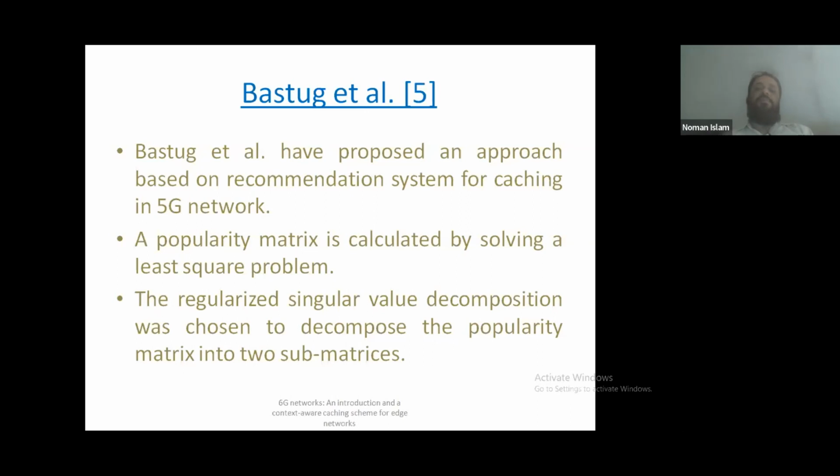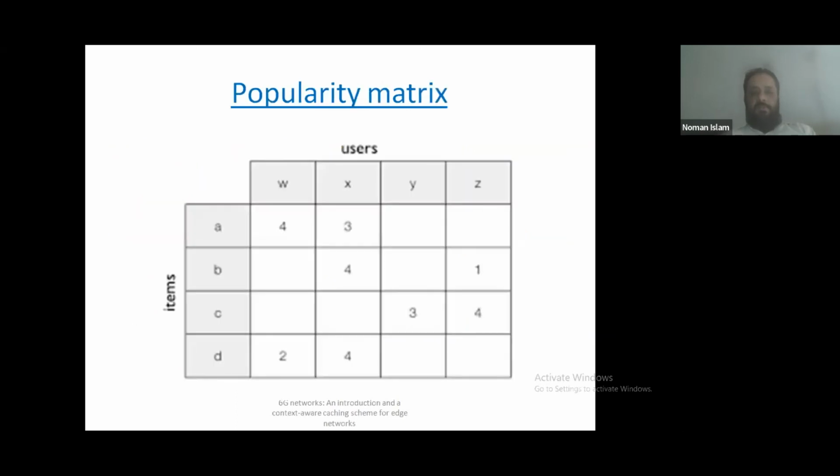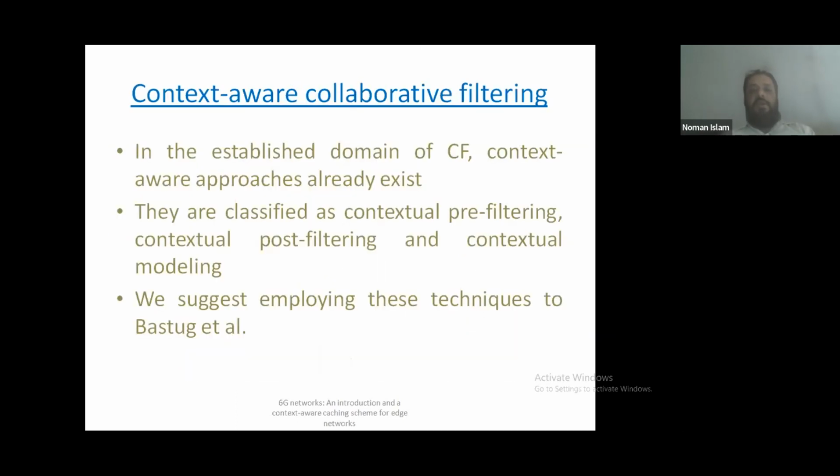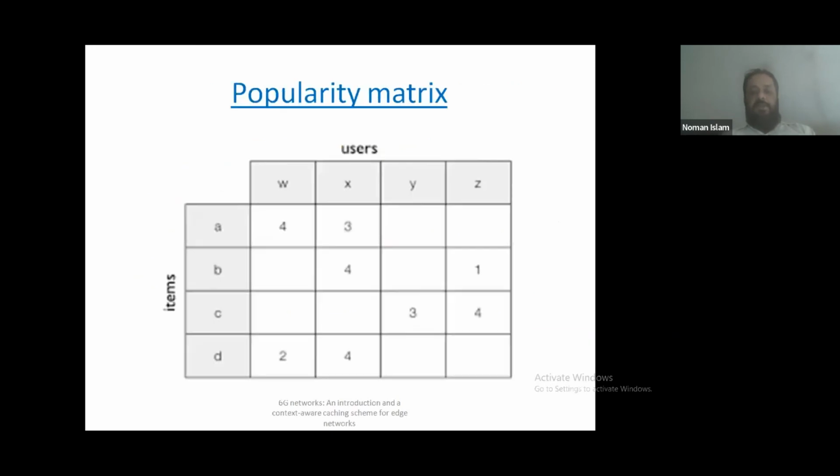We first decompose it into two sub matrices based on singular value decomposition, and then they are multiplied further to get a low dimensional representation, to get another popularity matrix with reduced latent features. So that is the concept. So we have this popularity matrix, and we decompose it into two sub matrices: user and item based matrix.